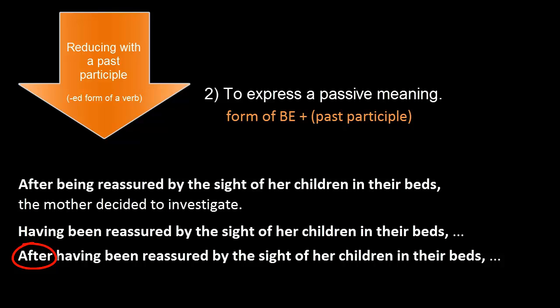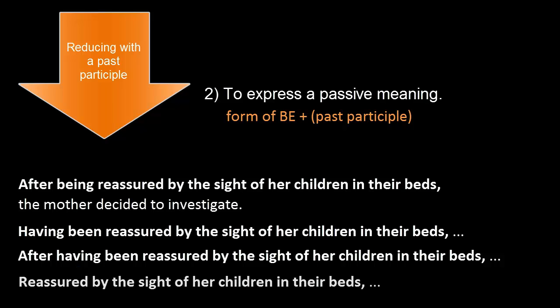The time word after already establishes the order of events, so the helping verb have is really unnecessary. Concise is usually best, so consider this last variation. Reassured by the sight of her children in their beds, the mother decided to investigate.